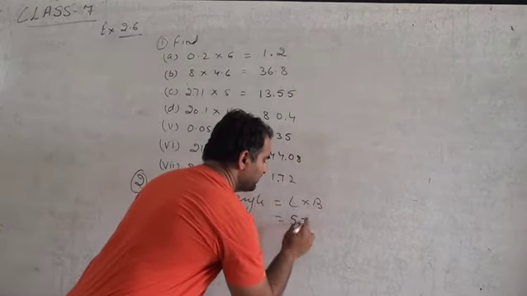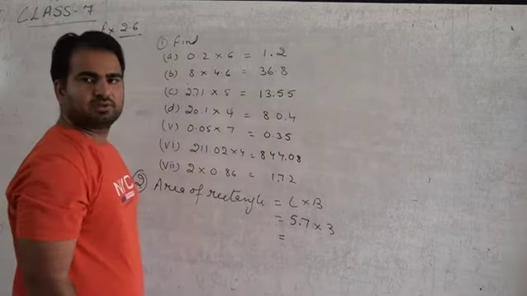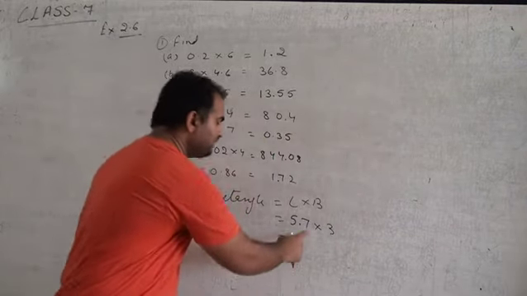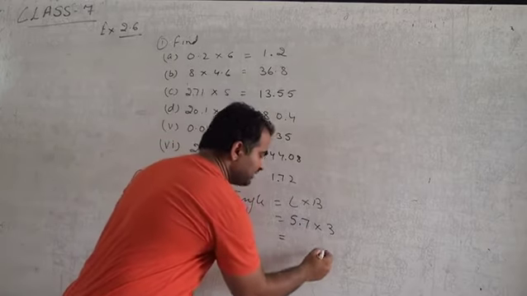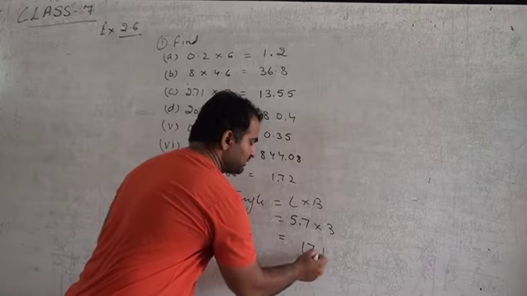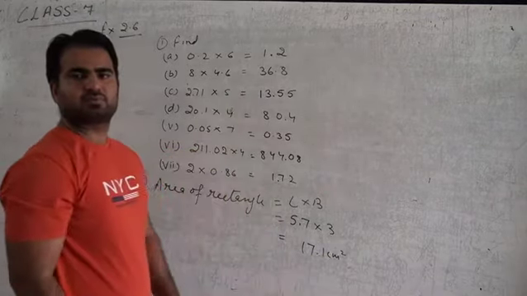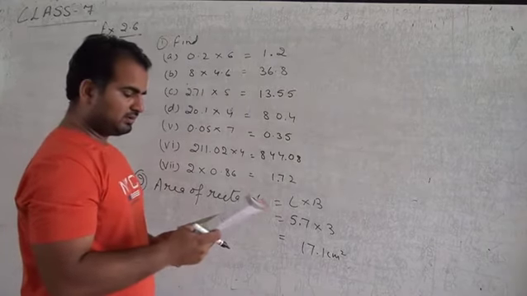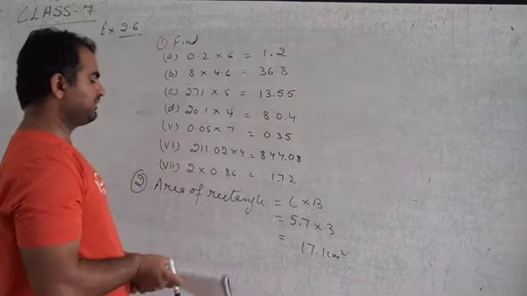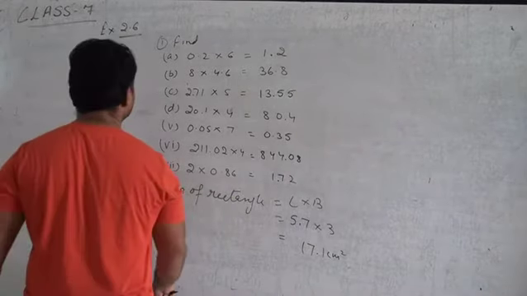So we have to multiply. It will be 7 threes are 21, 5 threes are 15, 16, 17. It will be 17.1 centimeter square. The area of the rectangle will be 17.1 centimeter square.